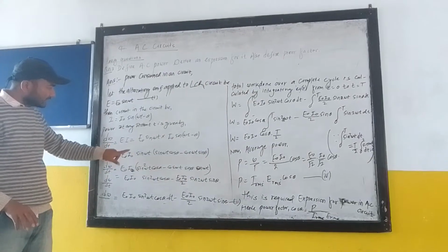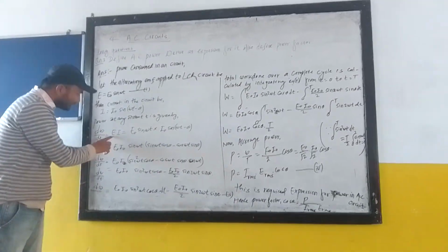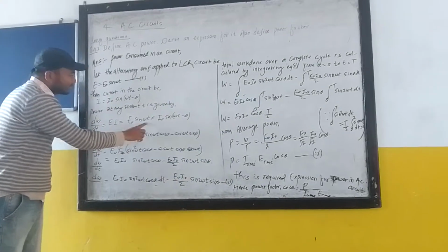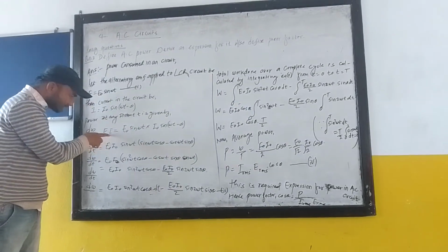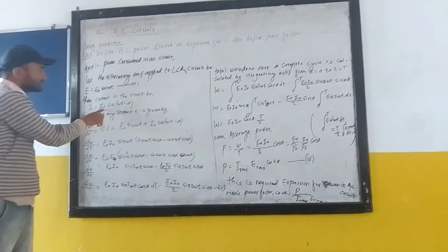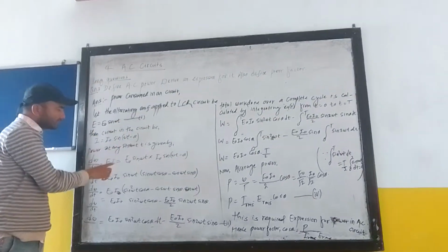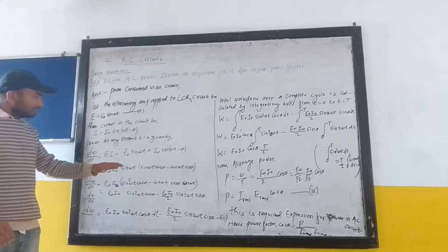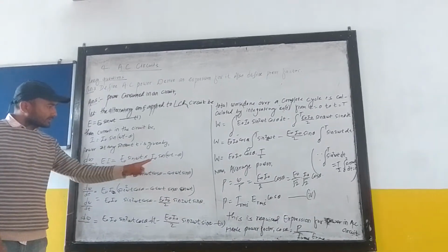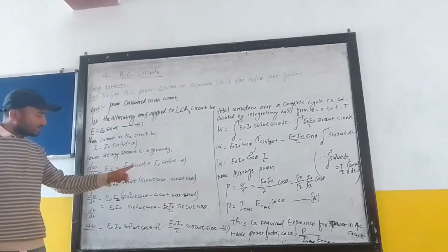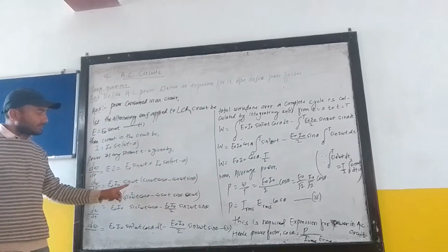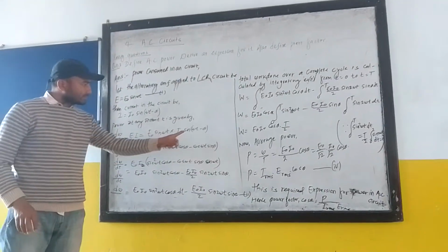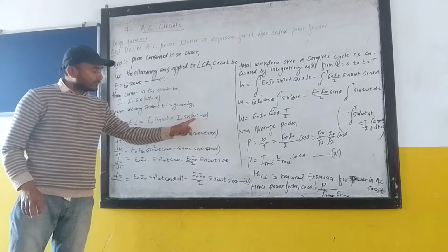Look here, in the place of E I have written this value from this equation, and in the place of I I have written this value from this equation. When you substitute these two, the expression would be like this. Then you can take E0 and I0 outside, and sin omega t as it is, and sin(omega t minus theta).